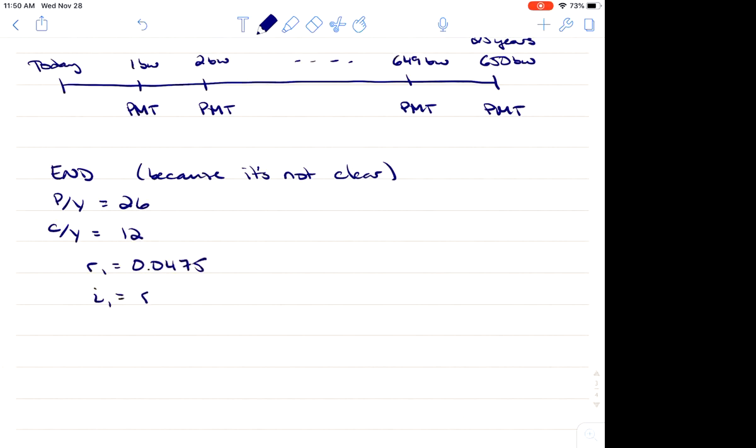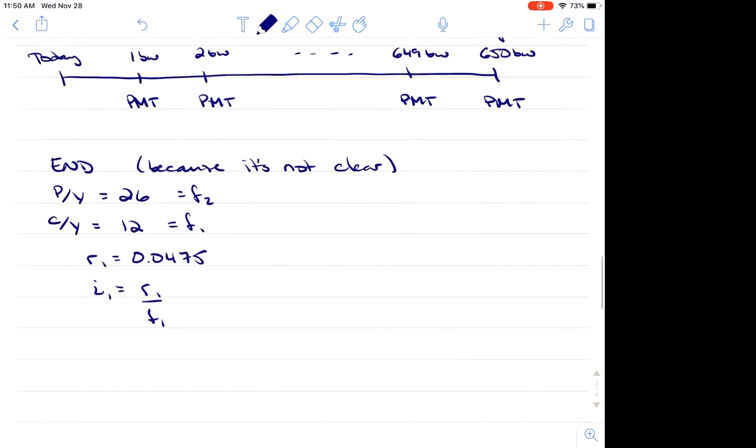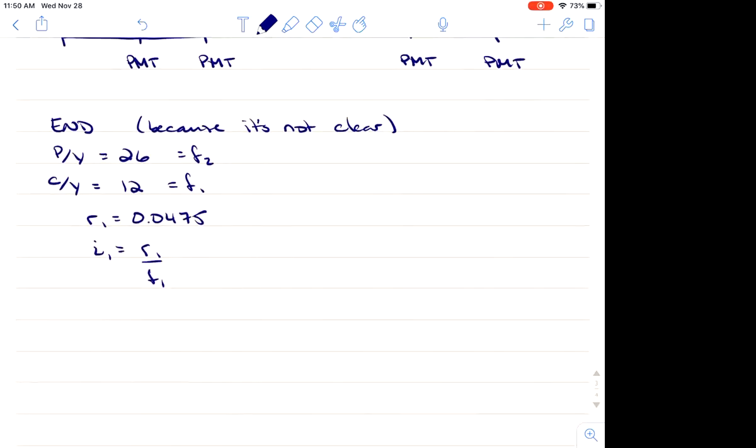So I1 must be R1 over F1. Remember, our compoundings per year is the F1 and our payments per year is your F2. So this is the same I2 that we've been finding all along. And we need I2 later, even if we're using our calculator to find the payment amounts, we'll still need I2 to calculate the amount of interest that we have to pay.